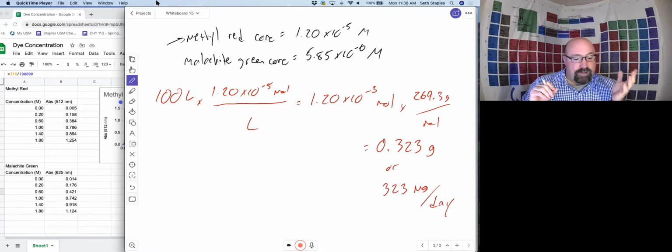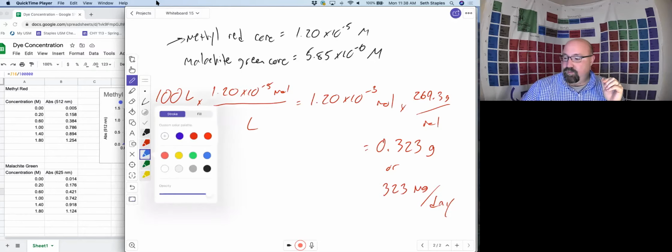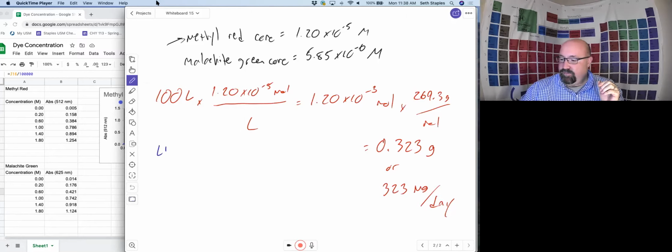And so we want to compare that then to the lethal dose of methyl red. And so for that, what we do is we can look up what we call the LD50 value. The LD50 value tells us what dosage is going to kill 50% of the fish that come into contact with it. And this data can be tough to find.